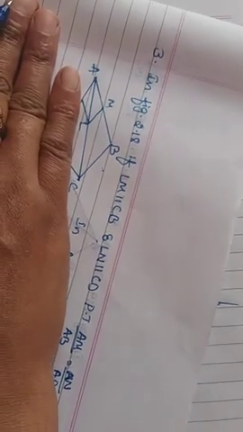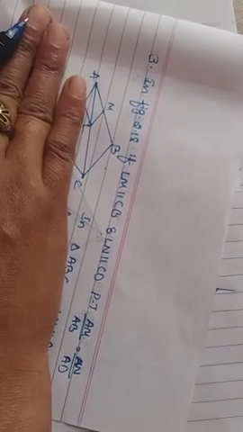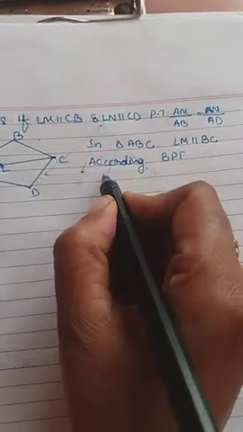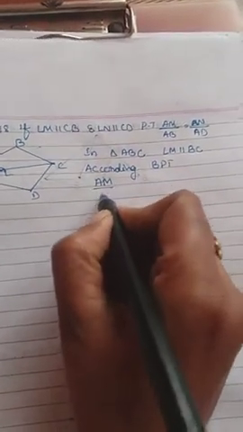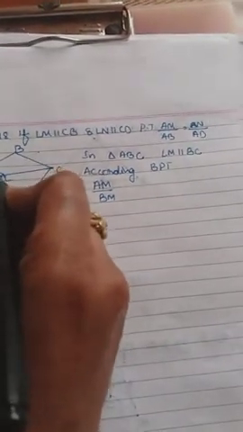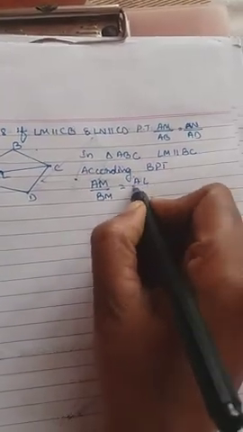So we get the two intersections here. One is AM divided by BM, and the other is AL divided by LC, or CL, anyhow we can write. You just have to write that according to the BPT theorem. AM divided by BM equals AL divided by LC.